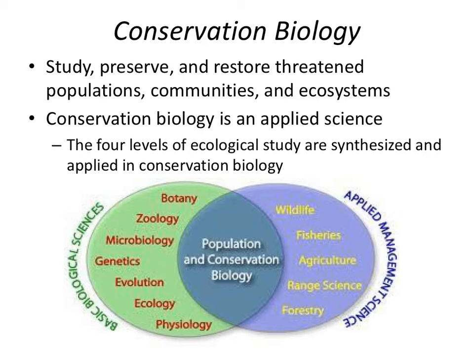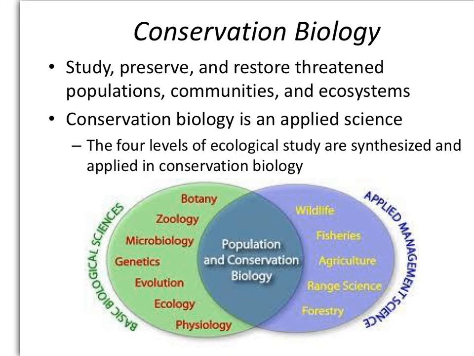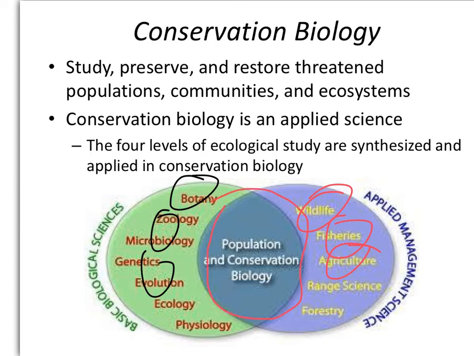You can see it includes some basic science like botany, zoology, microbiology, evolution. It involves some applied science, in this case wildlife biology, fisheries, agriculture. And then in the middle, where this whole thing intersects, population and conservation biology. Okay.